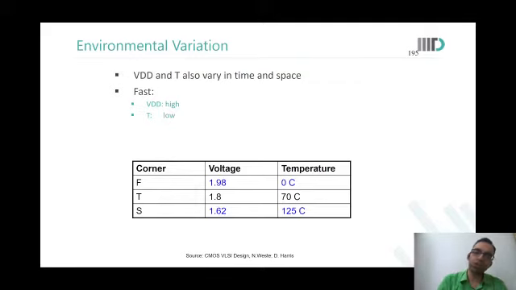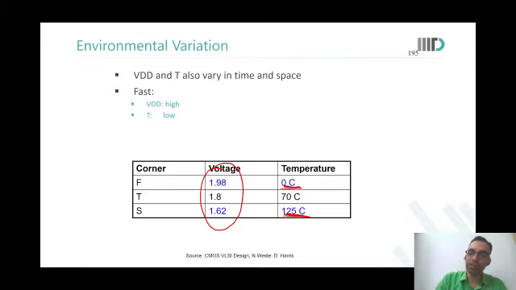So at high voltages, lower temperature meant faster operation. And again, at high voltages only, we are in that high voltage range over here, higher temperature meant slower operation because mobility reduced.